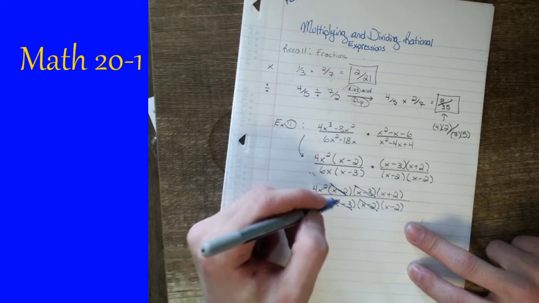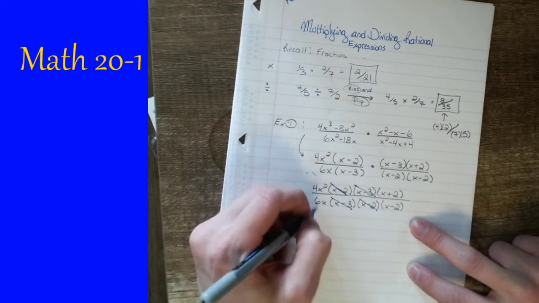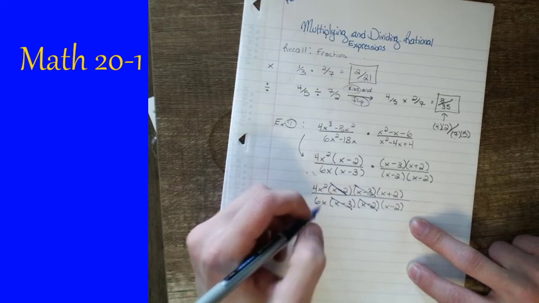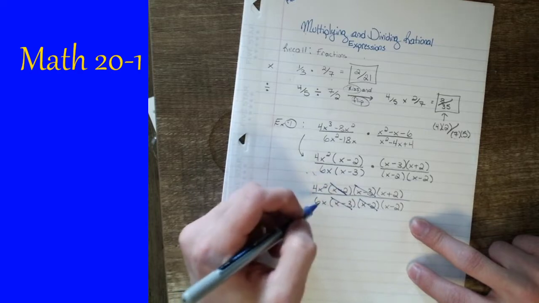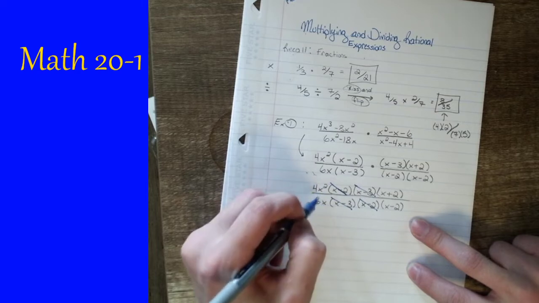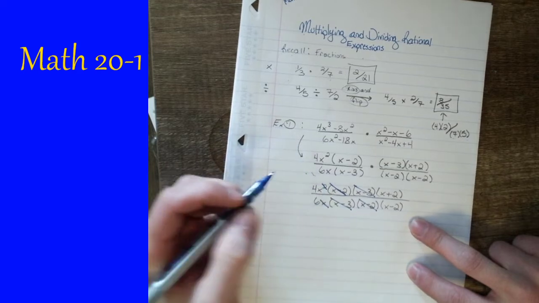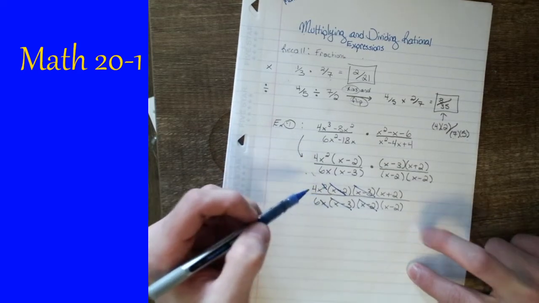Is there anything else we can cross out? Well, we can say 4 over 6 and just reduce it to 2 over 3. So that's a thing we can do in the next step. But x squared divided by x, I can cross out 1 power of x and just have x left on top.